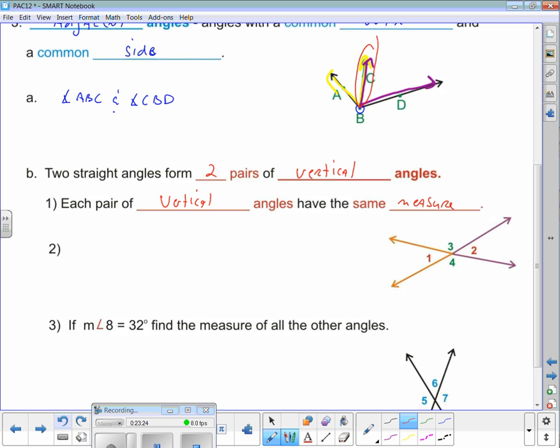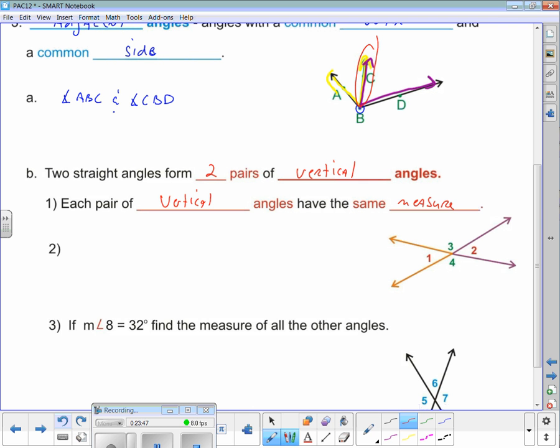Would you know which angle I'm talking about if I said angle 1? It's the orange angle. If I said angle 2, would you know what angle I'm talking about? It's the purple angle. Angle 3 would have the one orange side and the other purple side, right? And angle 4 would have one orange side on the left and the purple side on the right, right? You follow? So it's a shorthand and it's kind of handy.